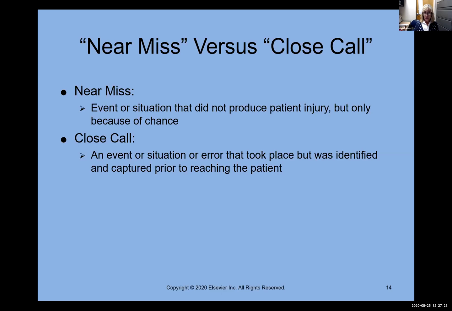And as the nurse goes to pull the medication out and checks the package, sees that it's the wrong medication and doesn't give it to the patient. So that would be an example of a close call, and that would be a reportable event because the pharmacy tech may need further training. We may need to do something different in the system to prevent that happening again.